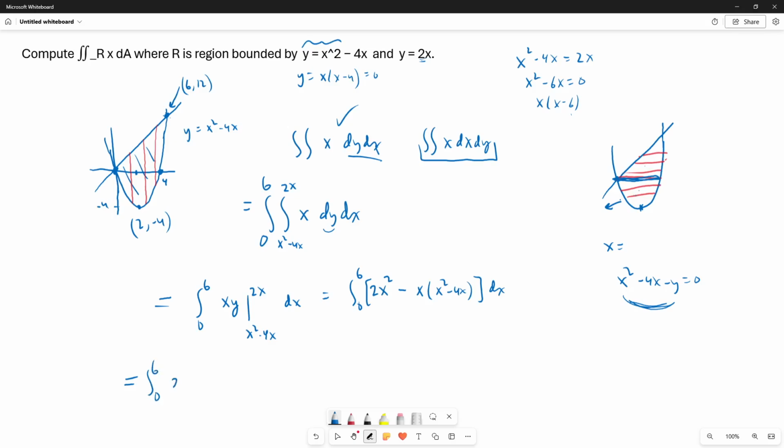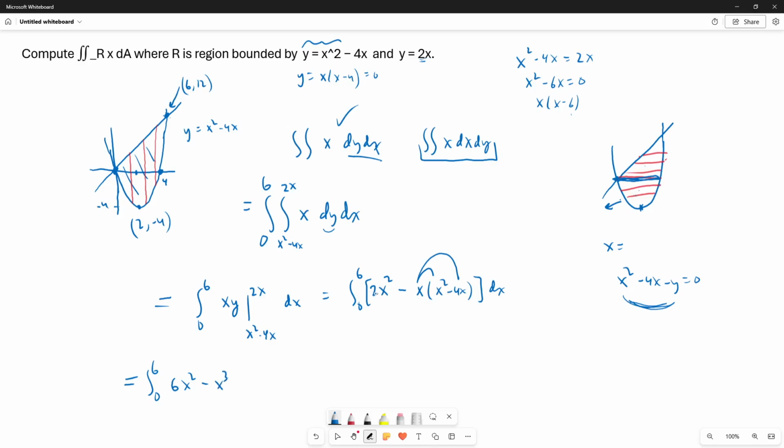So we have 2x squared, and then minus x cubed, and plus 4x squared. So altogether we'll have 6x squared minus x cubed.